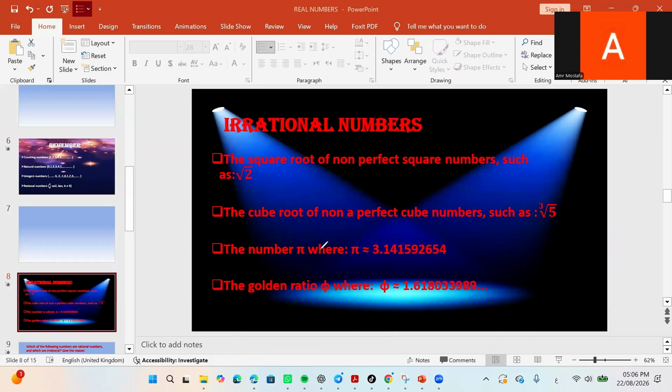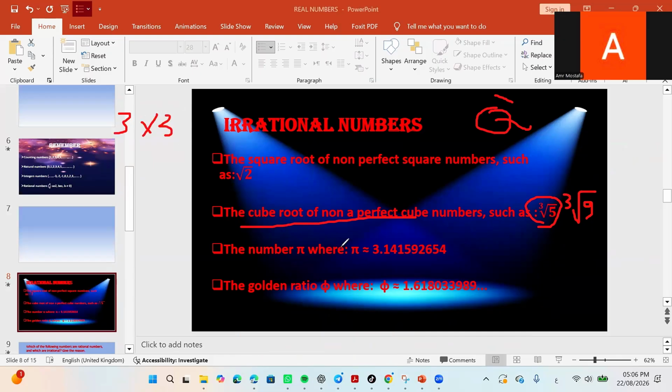The second type of numbers which belongs to irrational numbers, or Q dash, is the cube root of non-perfect cube numbers, such as the cube root of 5 and the cube root of 9. Oh, 9 equals 3? No, 9 is 3 times 3, two similar numbers.